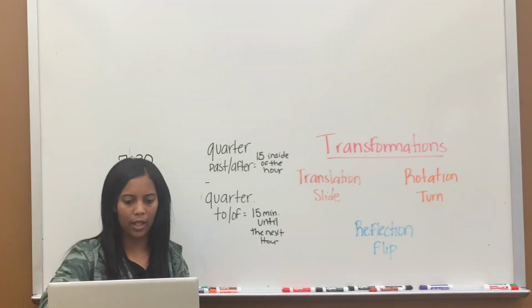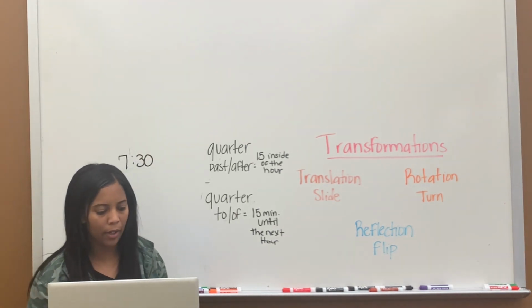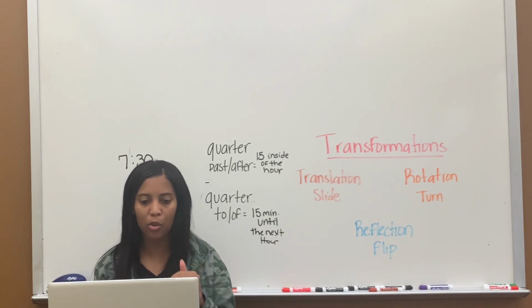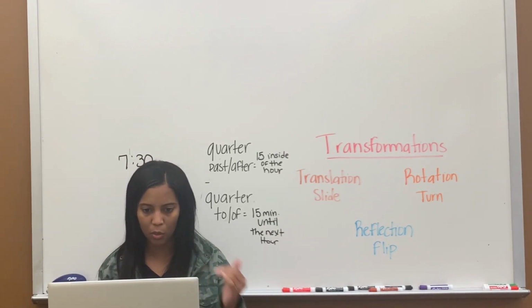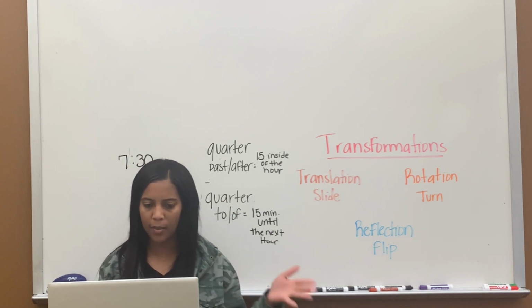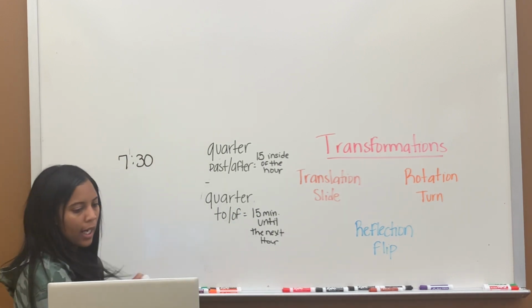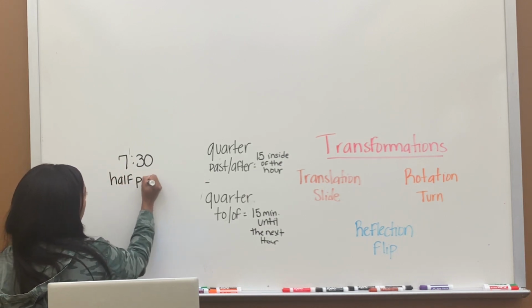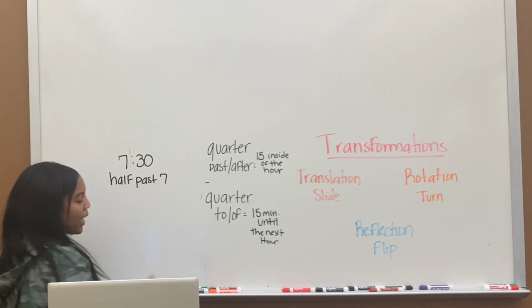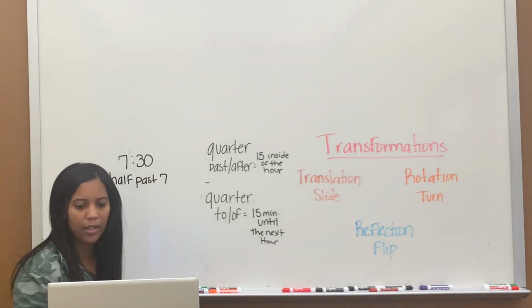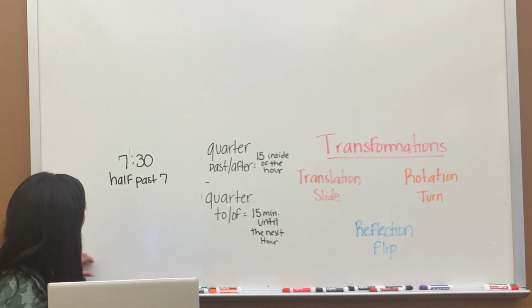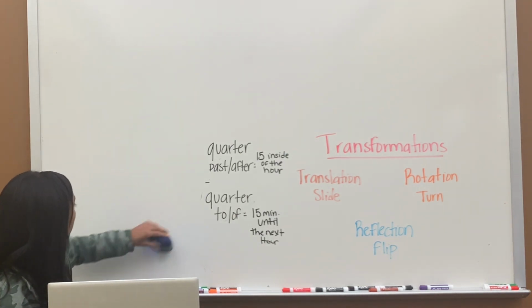Because the hour hand is past 7, but remember, if it's between two numbers, you go with the number that it just passed, which was 7. And then the 6 means 30 minutes. So on the line, how do we say that? We say half past 7. Half past 7 means halfway into the hour. That's 7:30. Let's look at the number 4 clock. So on this clock, what time is it?